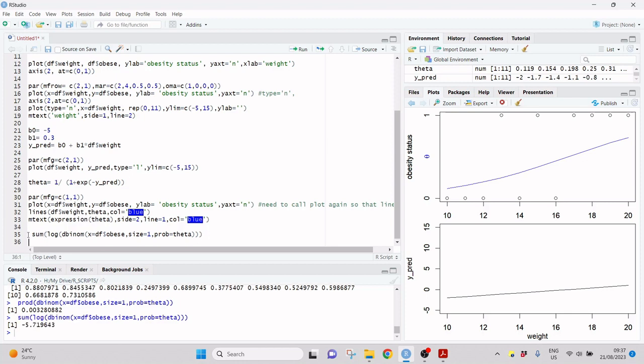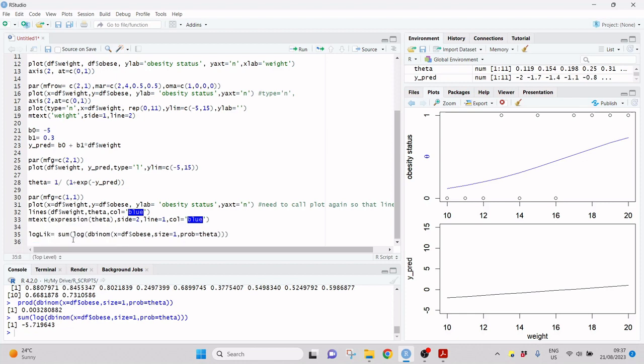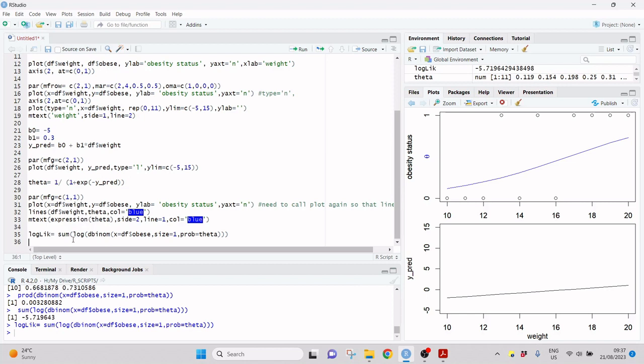And then this one would be called log likelihood instead of when we did the product, which was the likelihood. So this one is essentially just for the way it's computed. You could also do the product as long as you don't run into numerical problems.